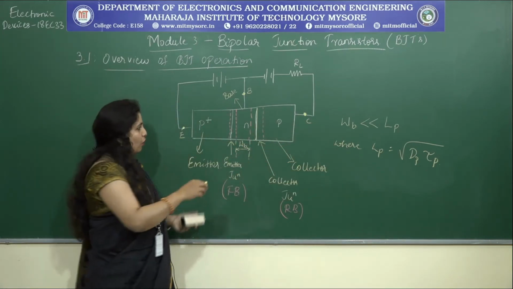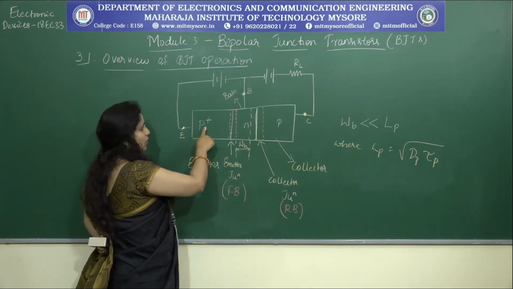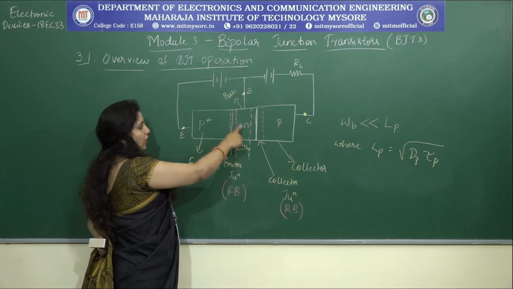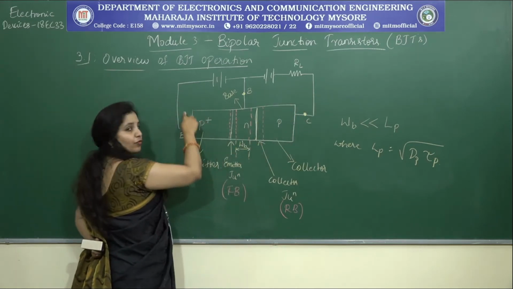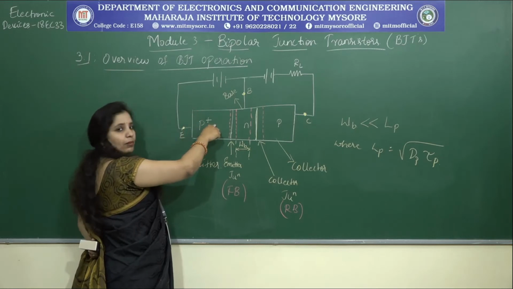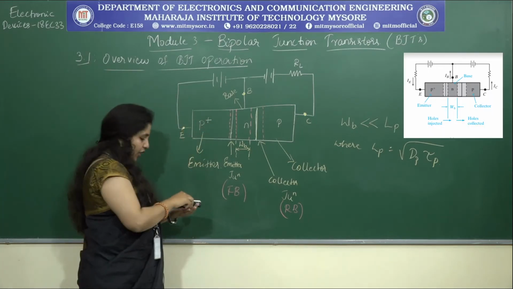Done? Now, how is the movement of the holes happening here from the P plus to N to that of P, and then it has to go. So if it has to start from the P plus, from where does it have to start? From this region it has to start, right?